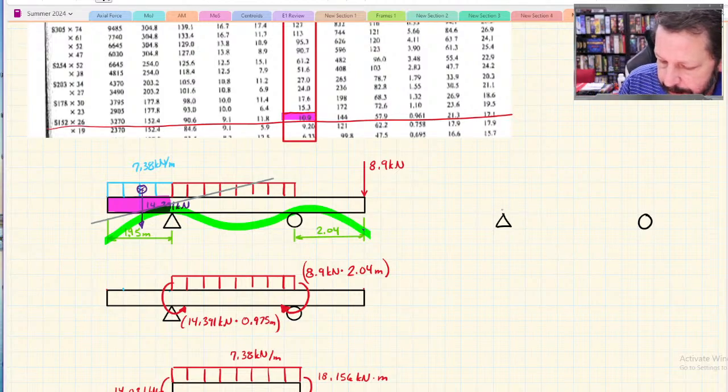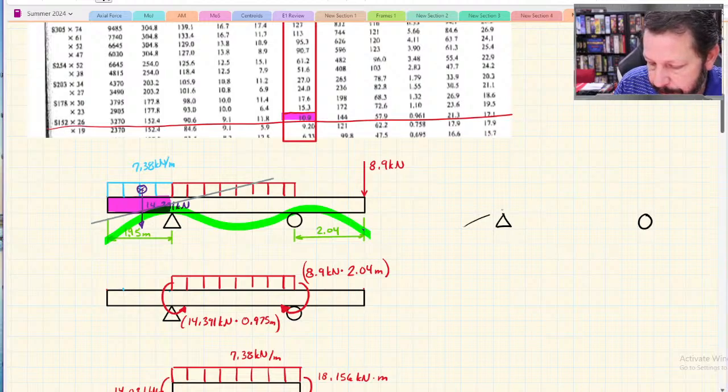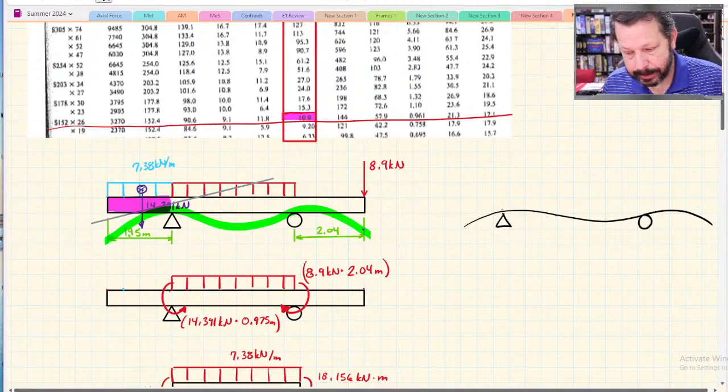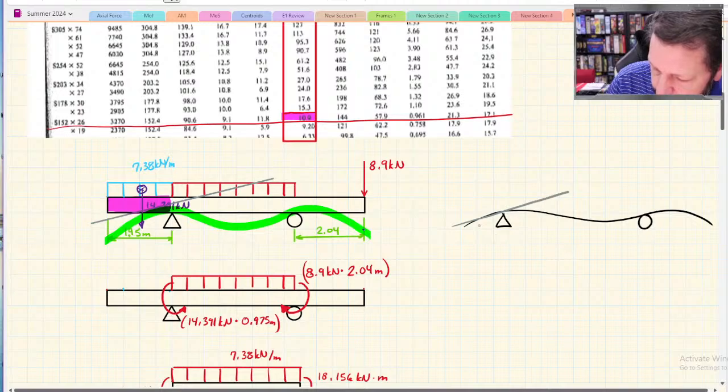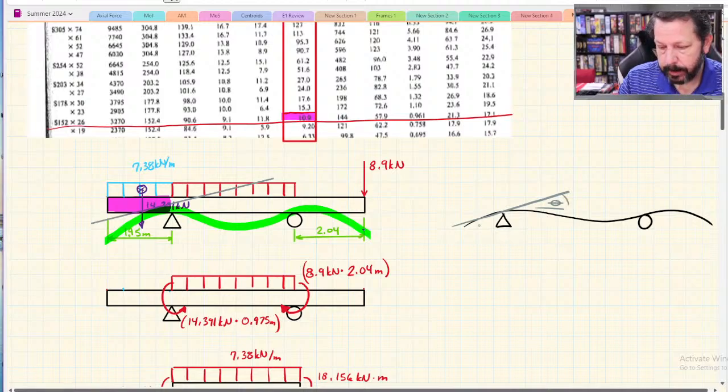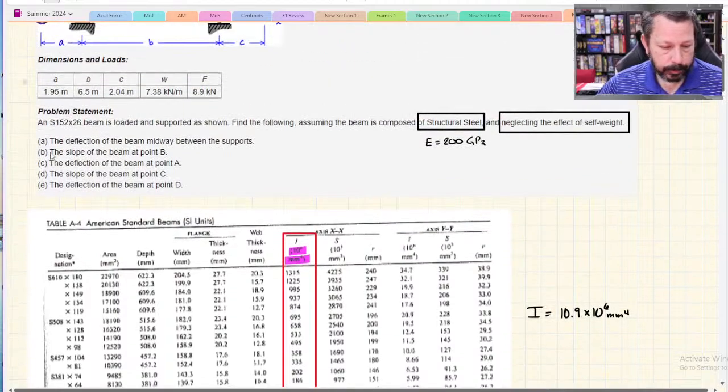But if you know that overall, between the point load, the red distributed load, and the blue distributed load, the beam is doing something like that, and you know that the slope at the pin is some angle, theta. If you know that, which you do if you were able to solve letter B.